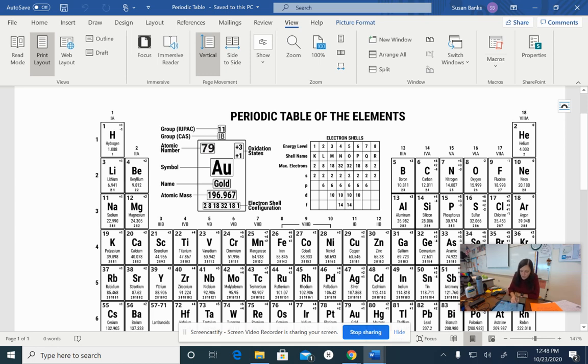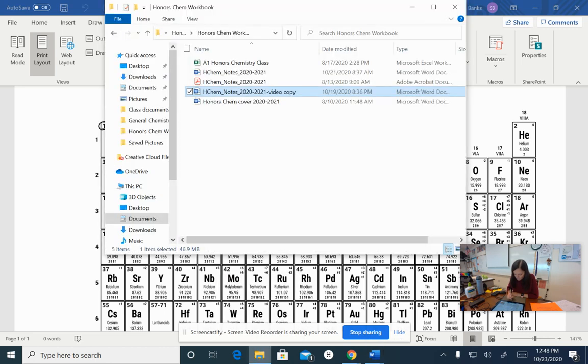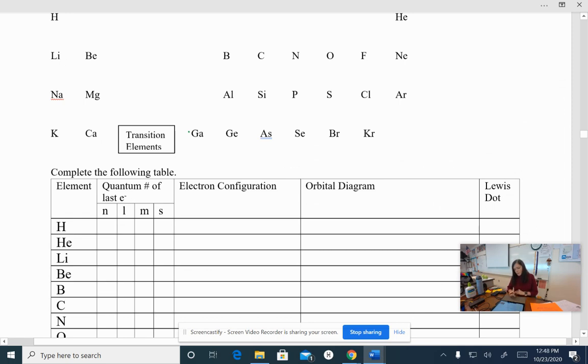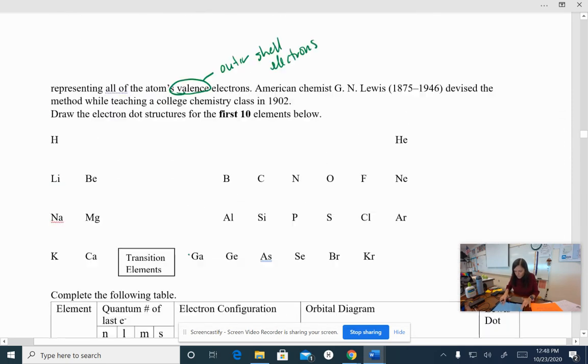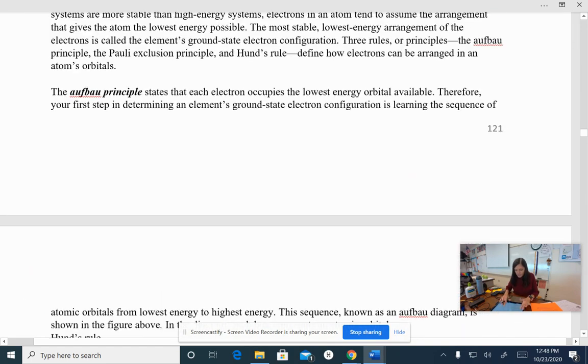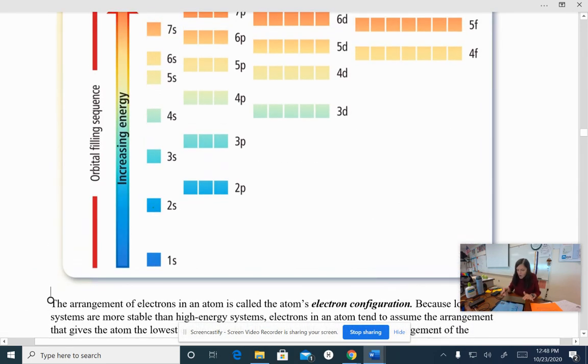Okay, hydrogen. We have one electron here. So if I go to my hotel analogy, and this is going to be a lot of scrolling back and forth, so I apologize. Our lowest spot to put that electron is right here in this 1s.